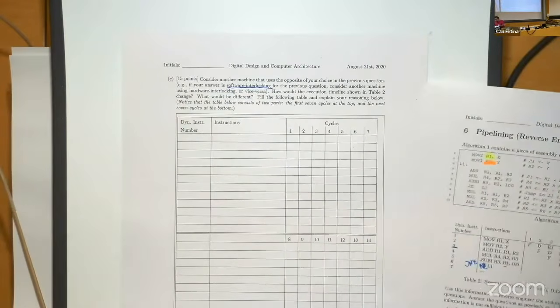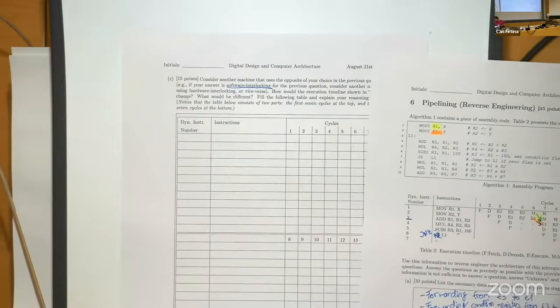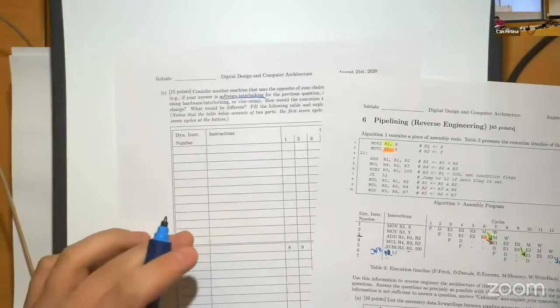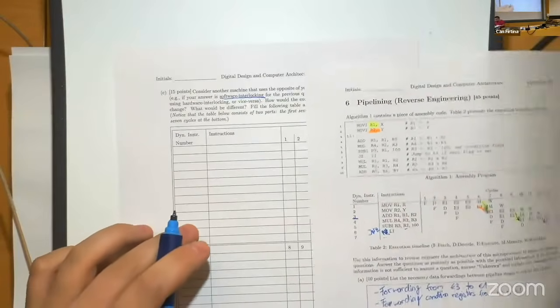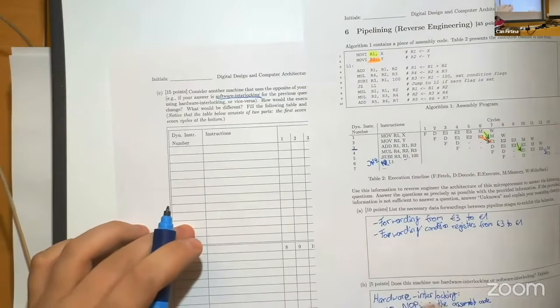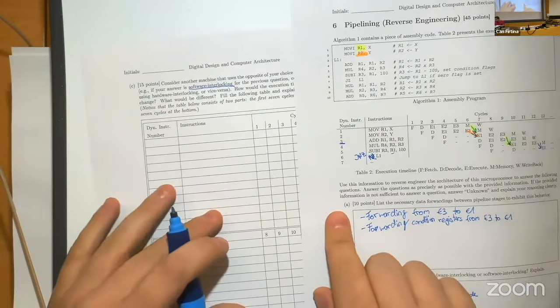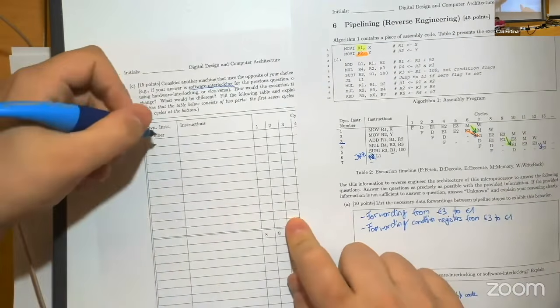We should rewrite this execution timeline accordingly. So what we need to do is take the instructions we had before, insert no-ops in between as needed to account for the stalls that would happen with hardware interlocking, and write down the cycle timeline.